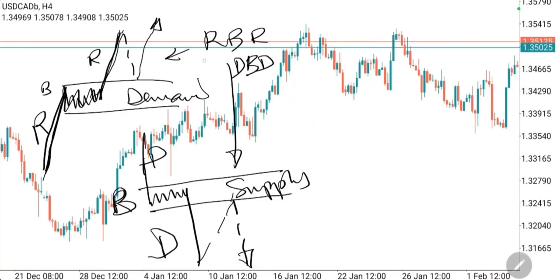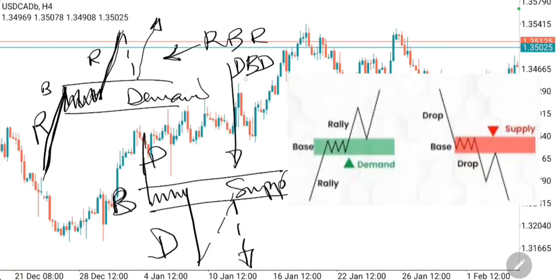So this is a rally base rally demand zone, and this is a drop base drop supply zone.